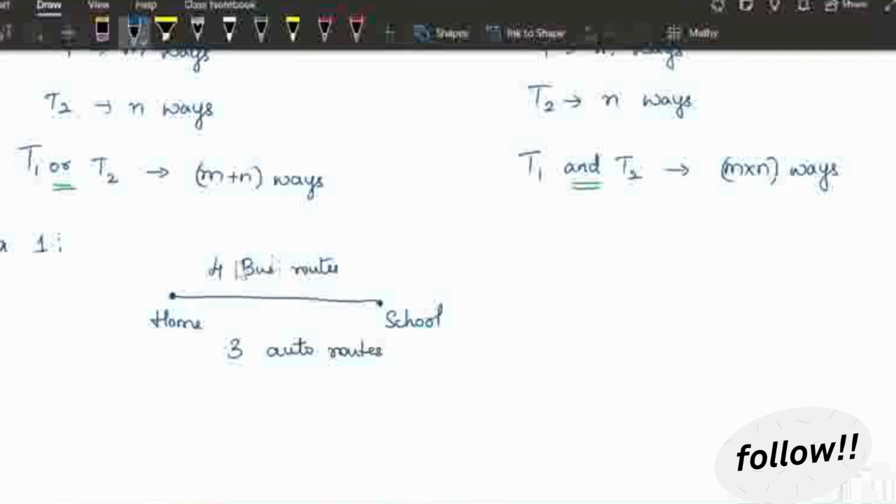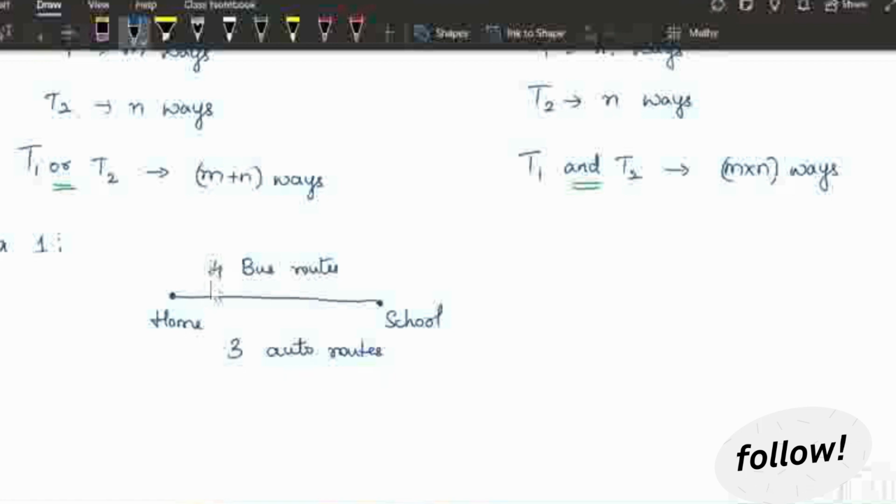Now this becomes your task 1, that is going by bus. In how many ways can he go by bus? There are 4 ways, 4 different bus routes. He can choose any of them. And this is T2: he can reach school from home in 3 different auto routes.